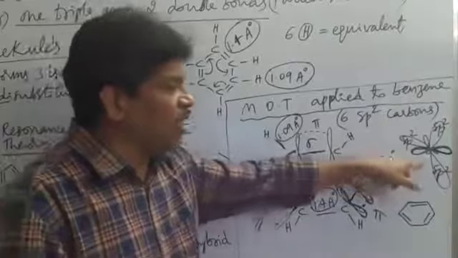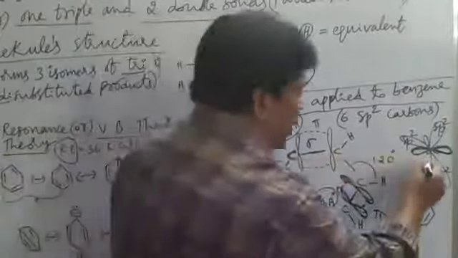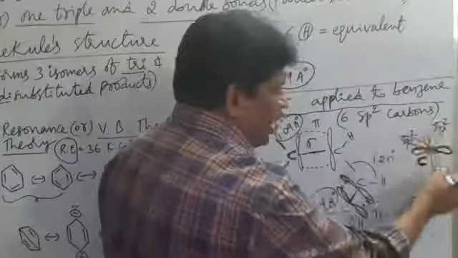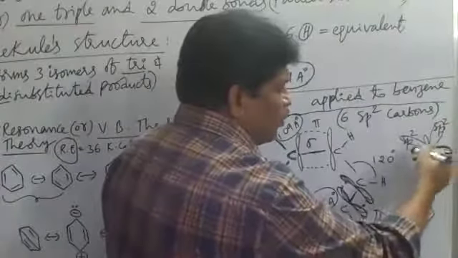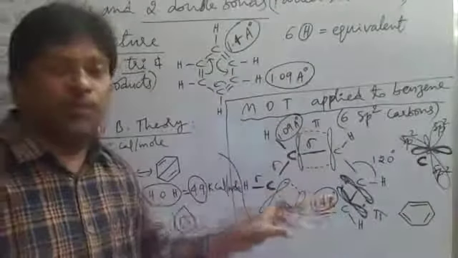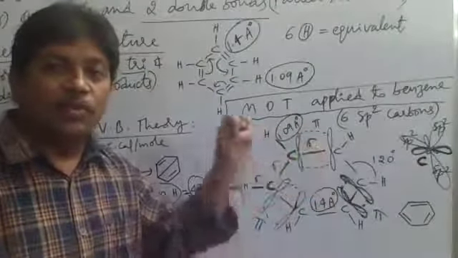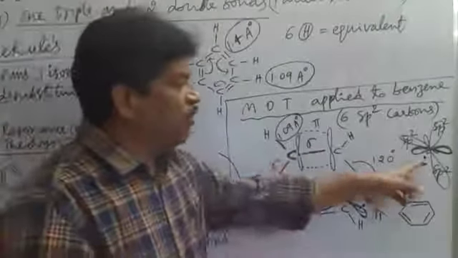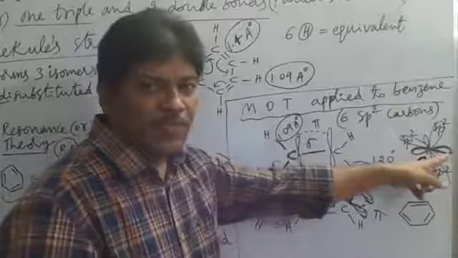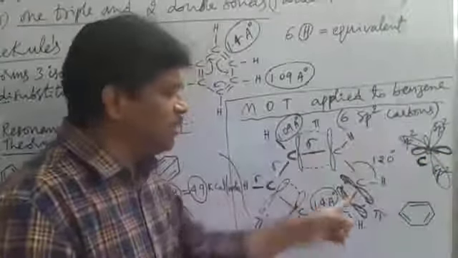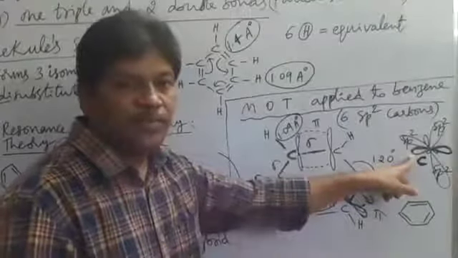So every carbon atom has 3 sp2 hybrid orbitals and one dumbbell-shaped pure p orbital. Now totally how many pure p orbitals? In every carbon, one pure p orbital, so 6 carbon atoms, 6 pure p orbitals.